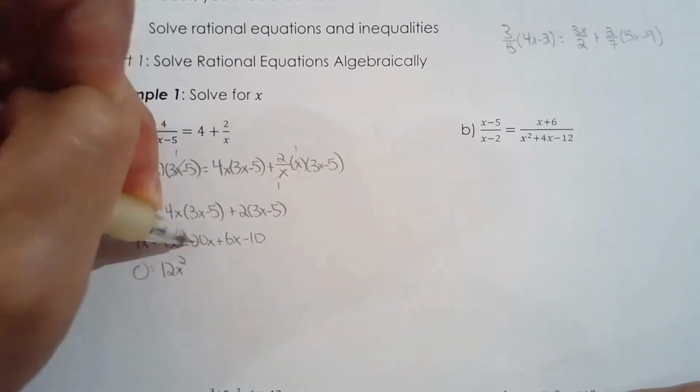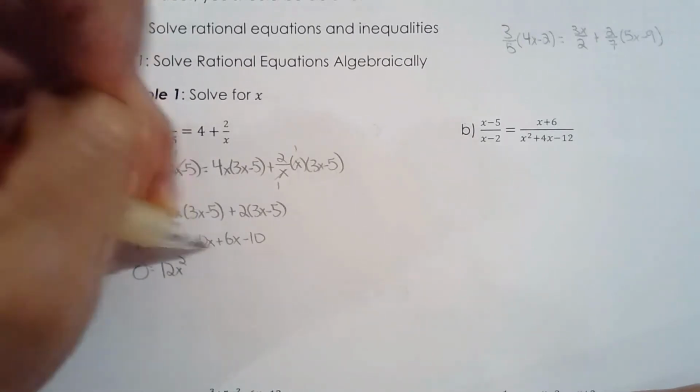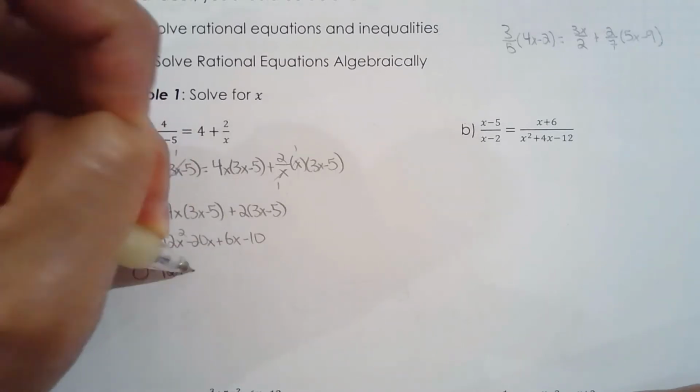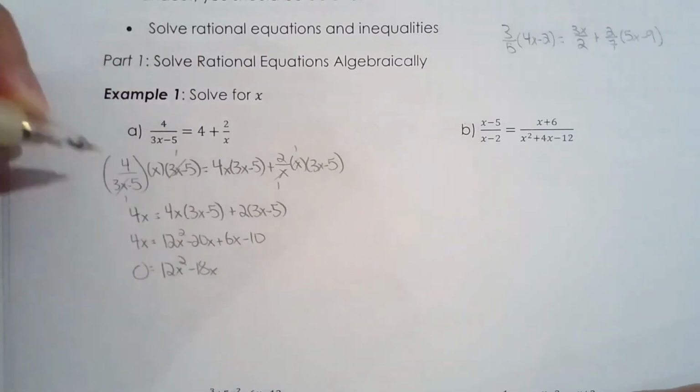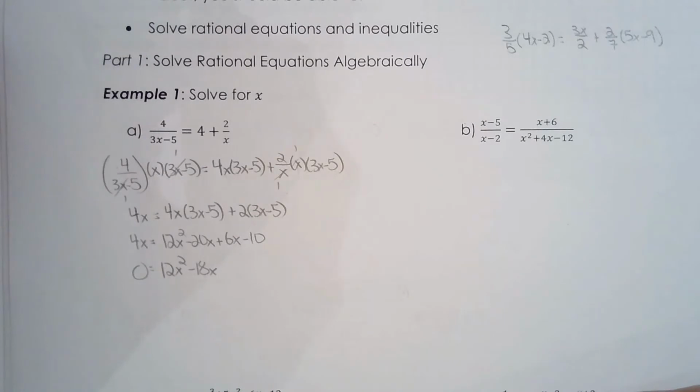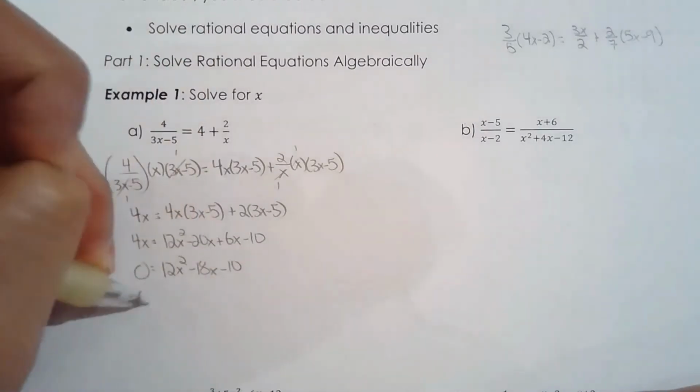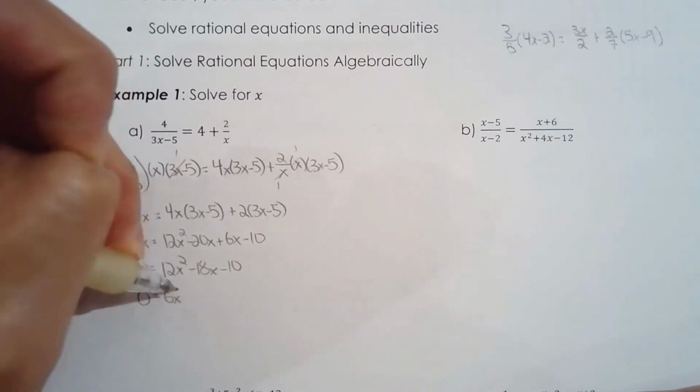Set equal to 0, so negative 20 plus 6 is negative 14. Negative 14 subtract 4 is negative 18x. Let me triple check that. Negative 14, yep. And divide everything by 2.